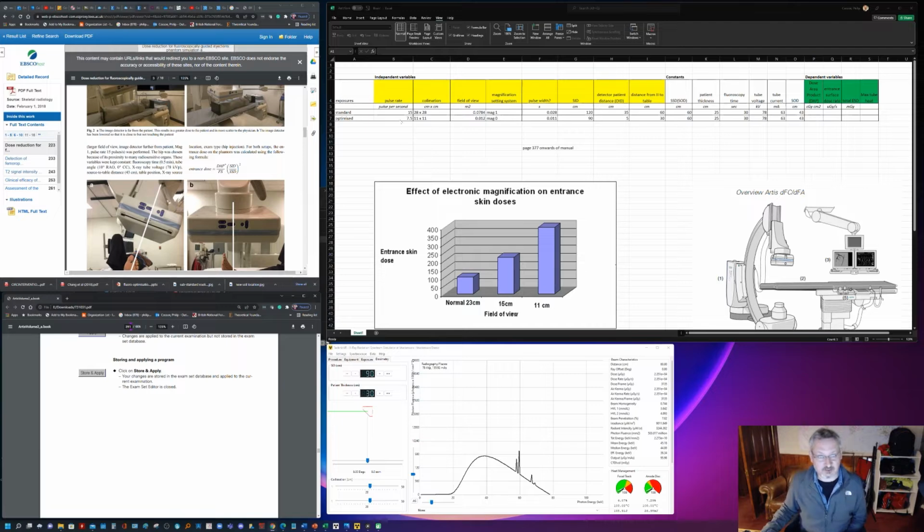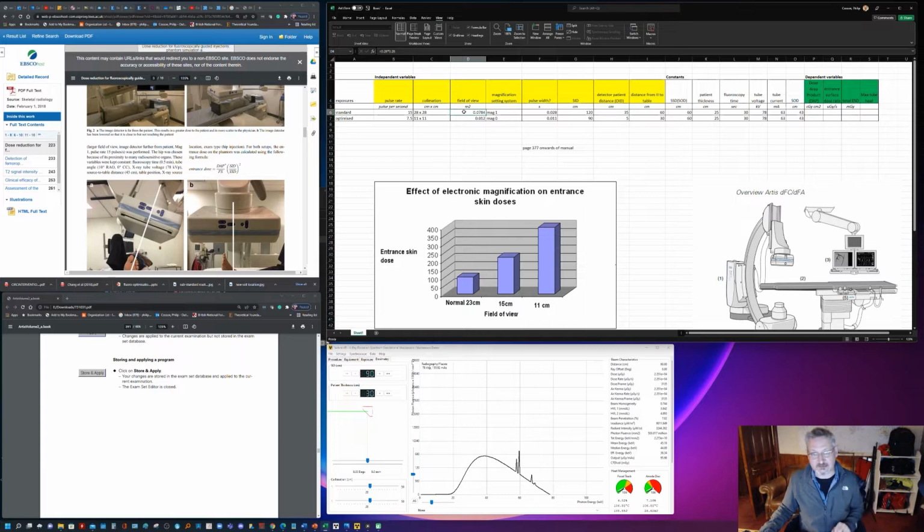We do know that the standard condition was 15 frames per second. We do know that the standard collimation, they say 28 centimetres by 28 centimetres. That works out to be 0.784 metres squared area, which is what you get when you multiply these two together in metres squared.